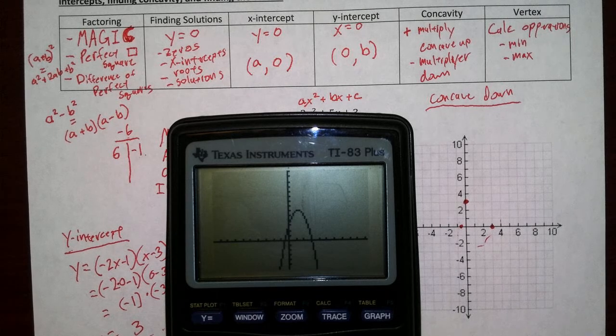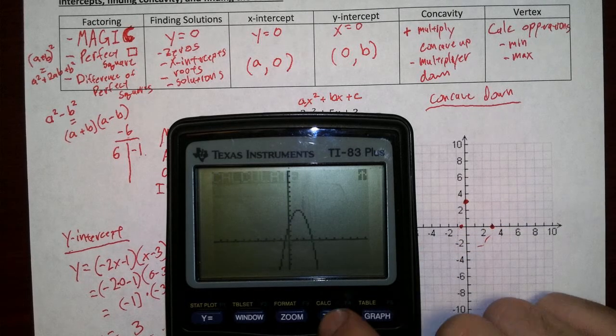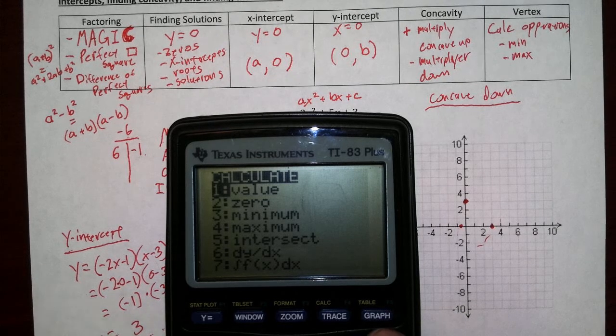So we're going to go in here, and how we're going to put this thing to work is with a little function called calc. Secret is, this button can do a whole bunch of stuff. Right? So let's actually go in and take a peek at what it can do. So now we're going to go in with the objective of finding the vertex.